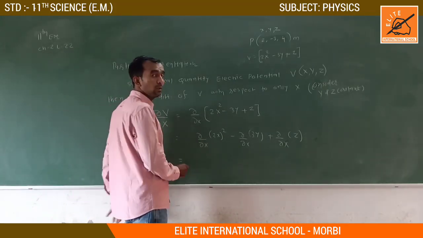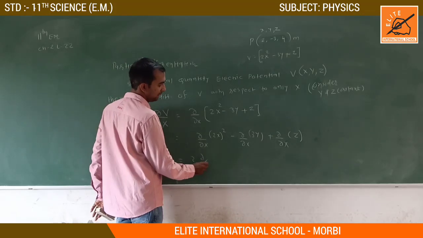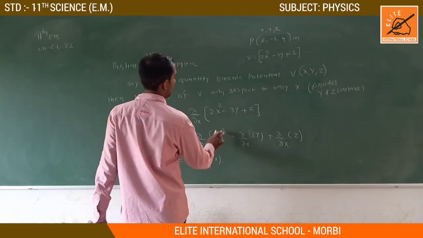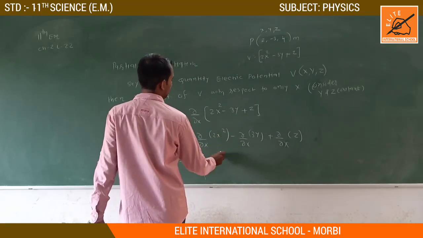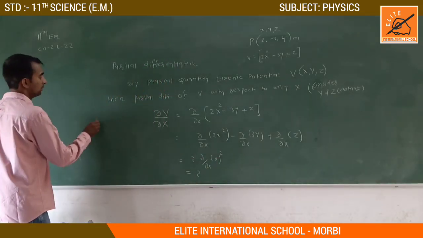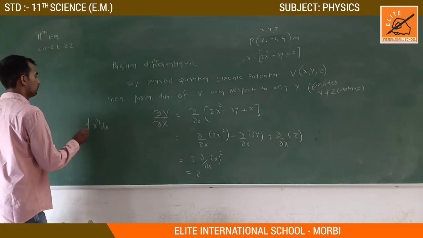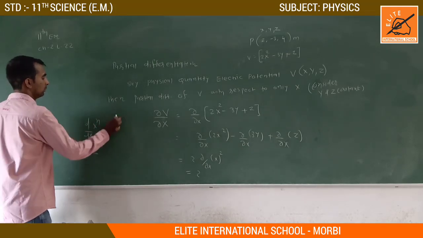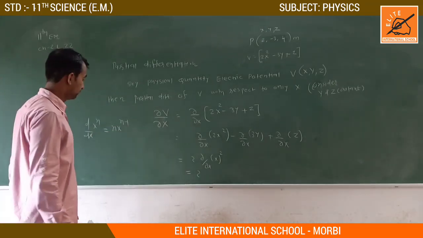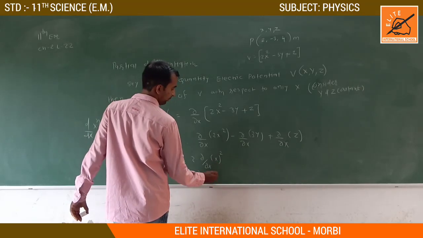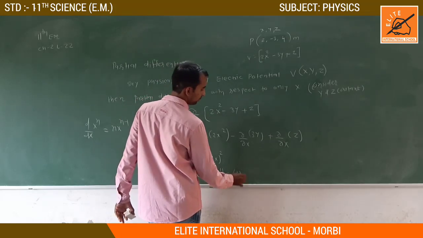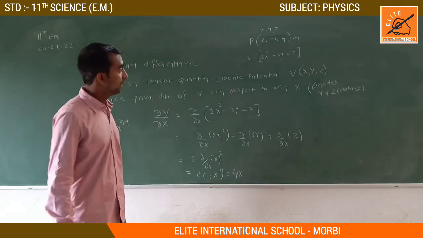Now 2 is a constant outside the differentiation, del by del x of x square. So 2 as it is, x square. What is the differentiation of x raised to n? n into x raised to n minus 1. So what is n? 2. x raised to 2 minus 1 is 1. So what answer? 2 times 2x, which is 4x. Now what is the value of x?